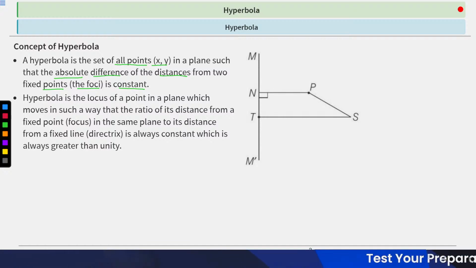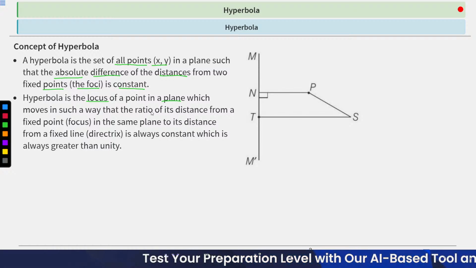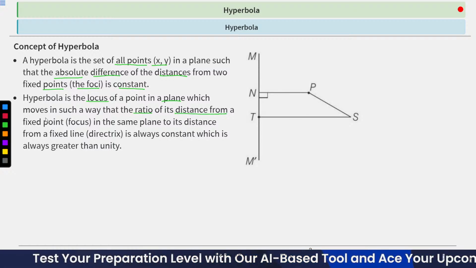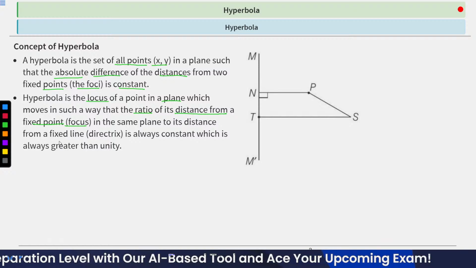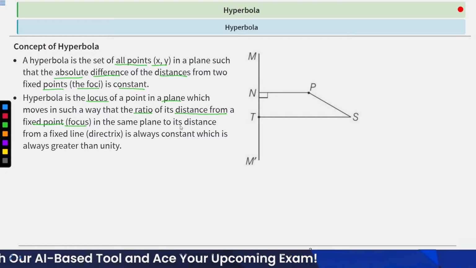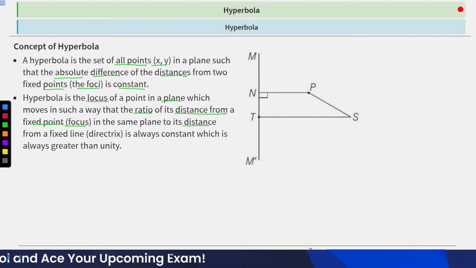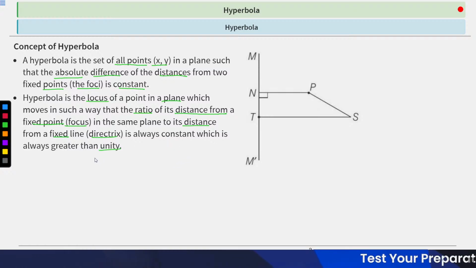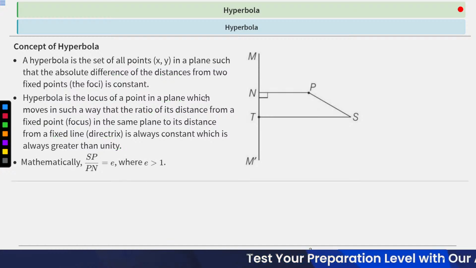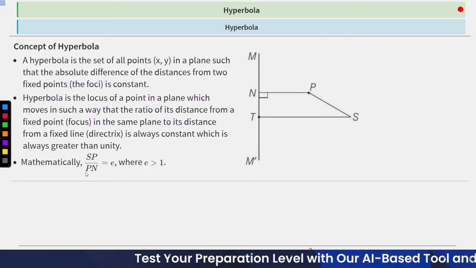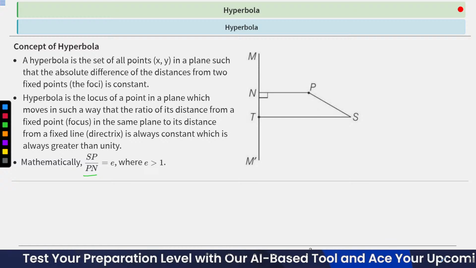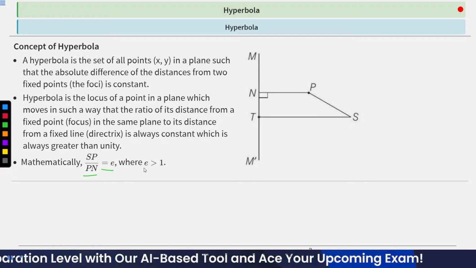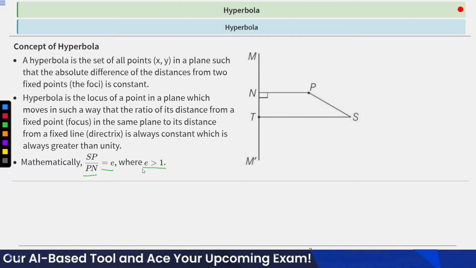Another is: a hyperbola is the locus of a point in a plane which moves in such a way that the ratio of its distance from a fixed point called a focus in the same plane to its distance from a fixed line called directrix is always constant and greater than 1. Mathematically, SP divided by PN must be some constant e, and this e must be greater than 1.